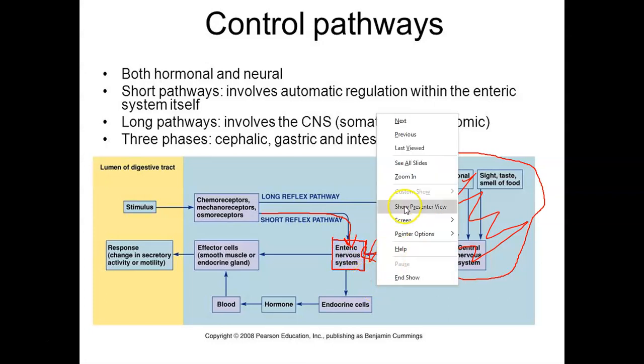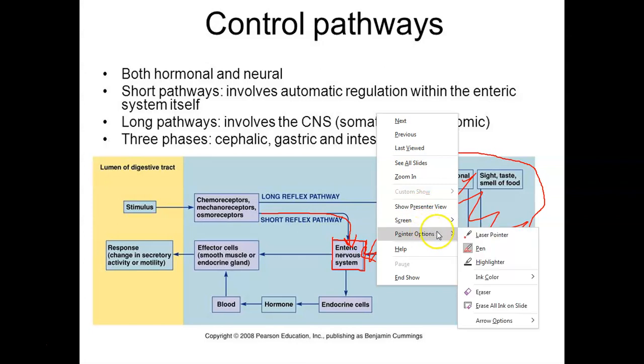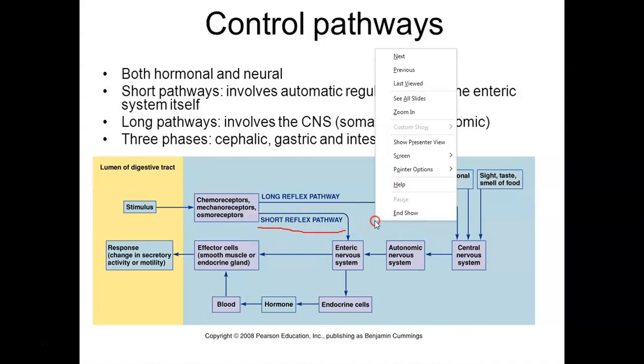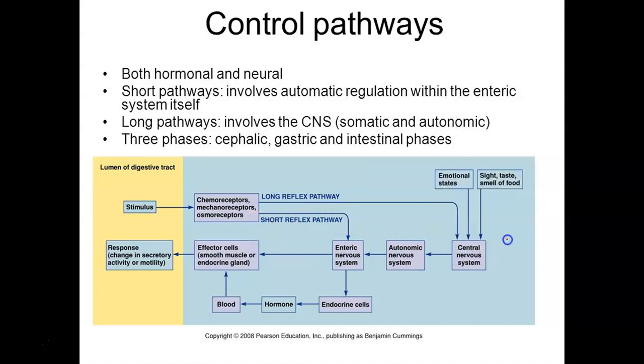When I mentioned distension of the stomach, distension of the duodenum causes the release of various enzymes, that's the short reflex pathway. It can function independent of the central nervous system. This is why, even post-mortem, upon death, your digestive system actually continues to function for a brief period of time.